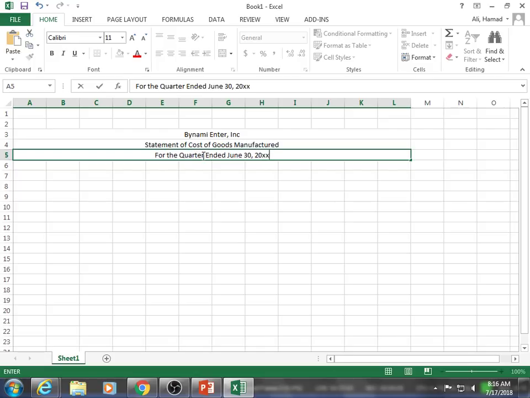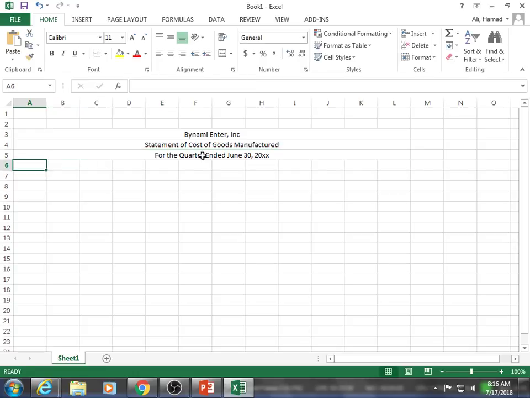Okay, some year. So the first thing we're going to look at is materials used. Direct material used.